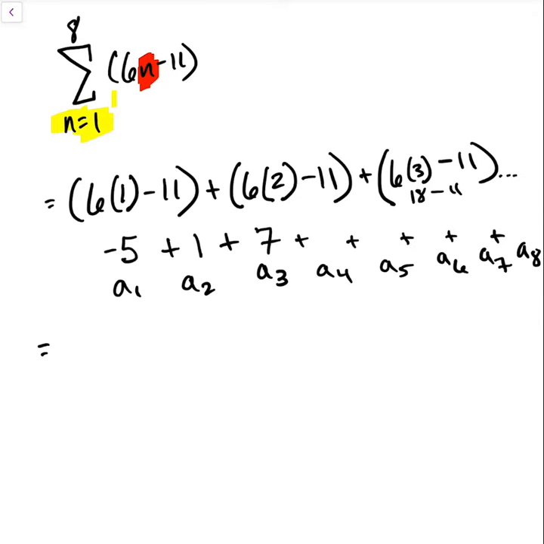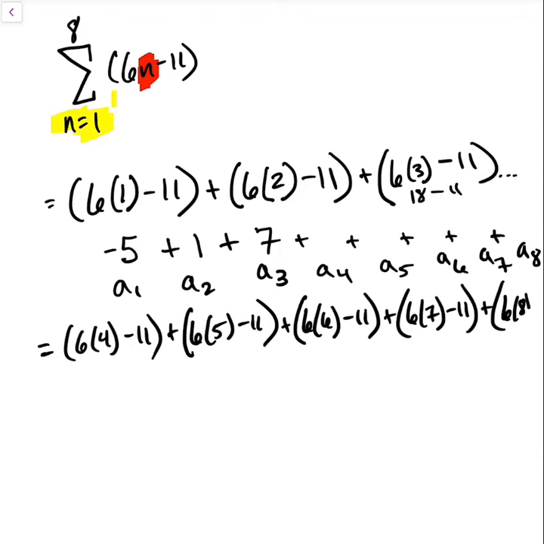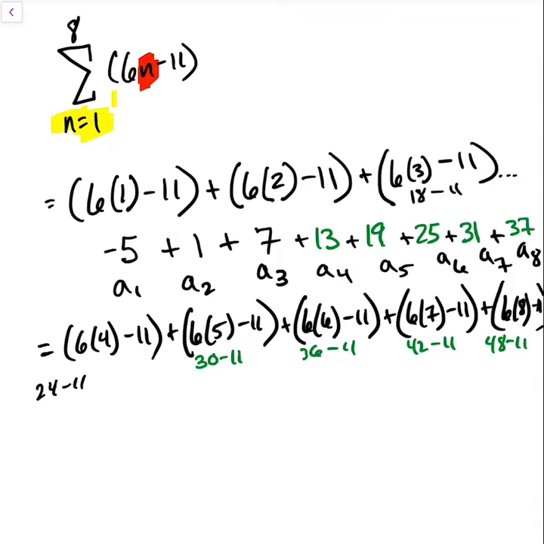I finished with term number 3, so I'm going to continue with term number 4, and then finally 8. Here goes. So that's 24 minus 11, that's 13. And then 30 minus 11, that's 19. And 36 minus 11, that's 25, and then 37.